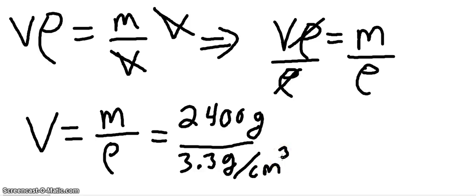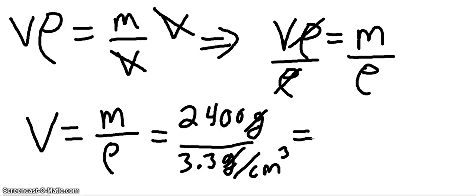This grams right here will cancel this grams. Notice the centimeters: it's 1 over centimeters cubed, so that causes the centimeters cubed to come up to the numerator, which is exactly what the units of volume should be. The units of volume should be cubic centimeters.